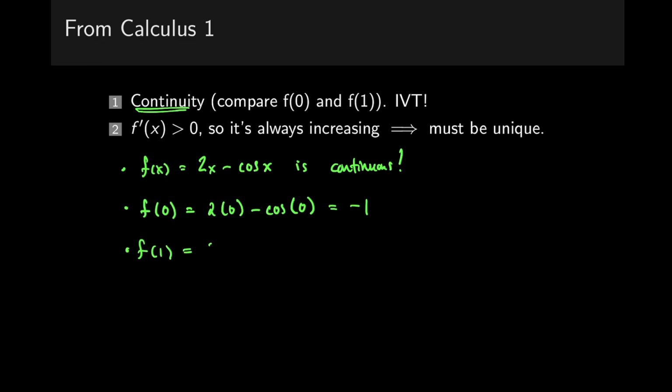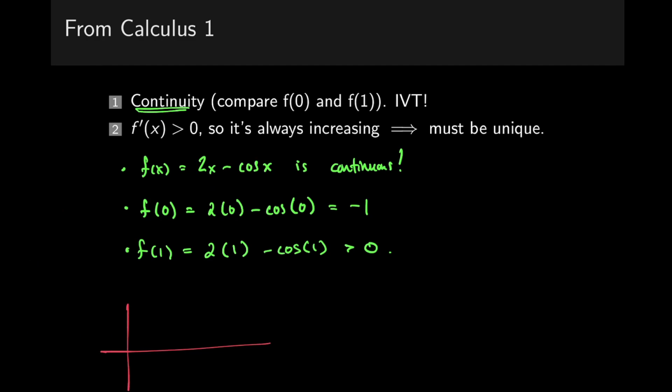F of 1, maybe another point of interest, is 2 times 1 minus cos of 1. Well, cos of 1 is like 0.54 or something like this. We know it's greater than 0. It's not bigger than 2. We know that. And it's not negative. So we know it's greater than 0. So what does this tell us?